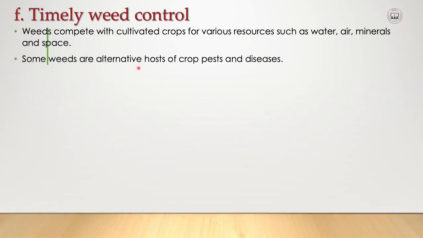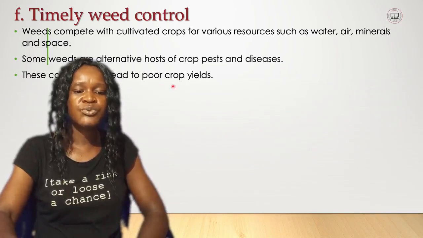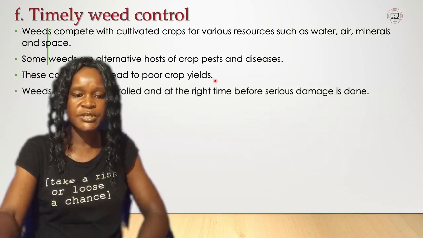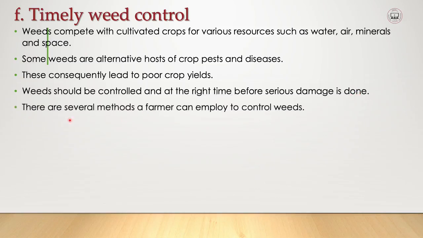Some weeds are also alternative hosts of crop pests as well as diseases, and these consequently lead to poor crop yield. Therefore, weeds should be controlled at the right time before serious damage is done. There are several methods a farmer can employ to control weeds.